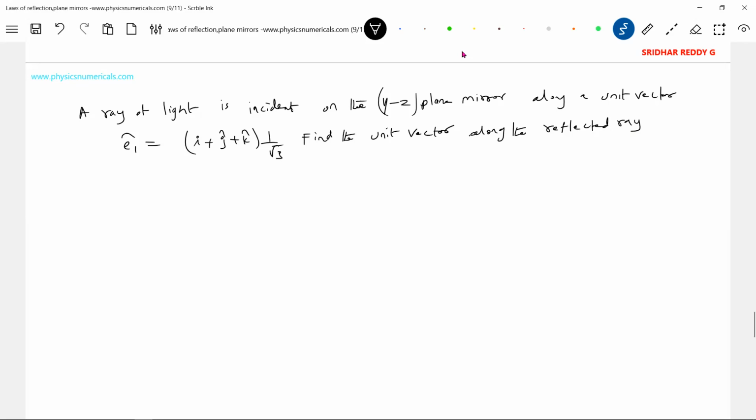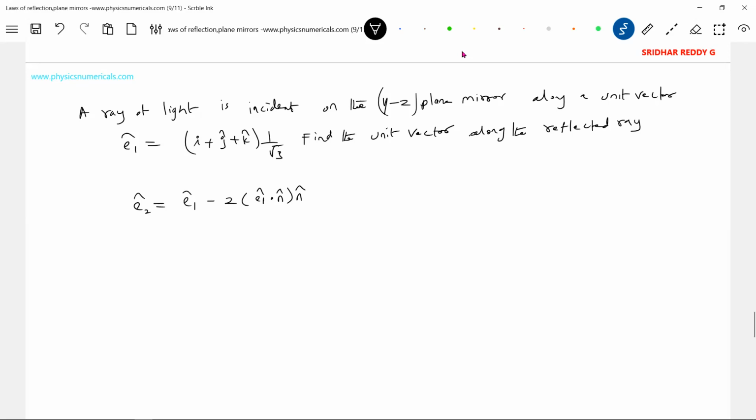The same set of formula what we had. So what was the formula? E2 cap is equal to E1 cap minus 2 (E1 cap dot N cap) N cap. In which plane is the mirror lying? In YZ plane. So definitely what should be the normal? The normal should be along I cap.